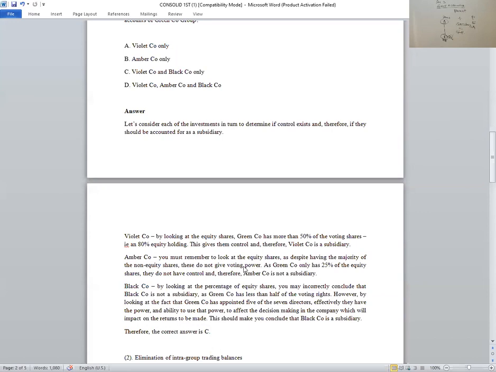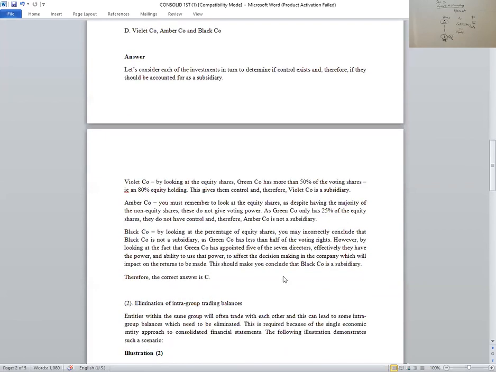So preference shares or any other non-equity shares are irrelevant as far as control is concerned. Green Company only has 25% of the equity shares, so they do not have control, and therefore Amber is not a subsidiary.